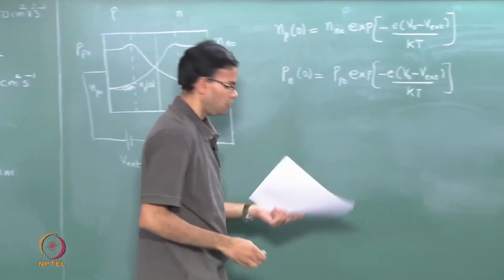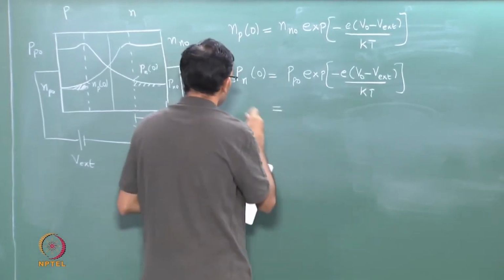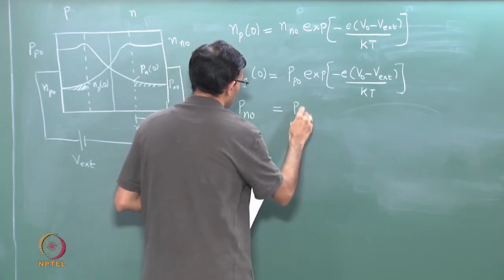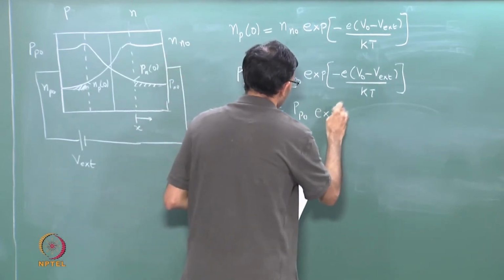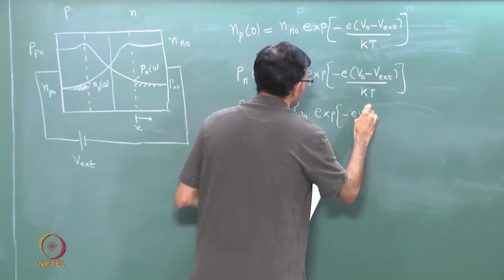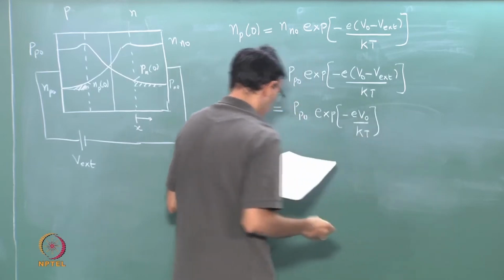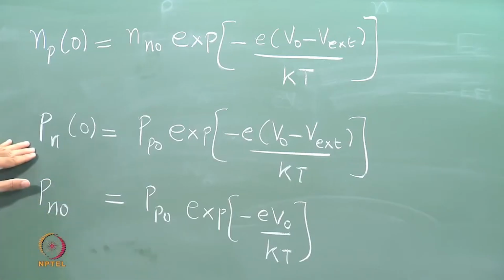We saw this before. Another way of writing this is nothing but P N naught, P P naught exponential. So, this is in the case of equilibrium, and this is when we have a forward bias.